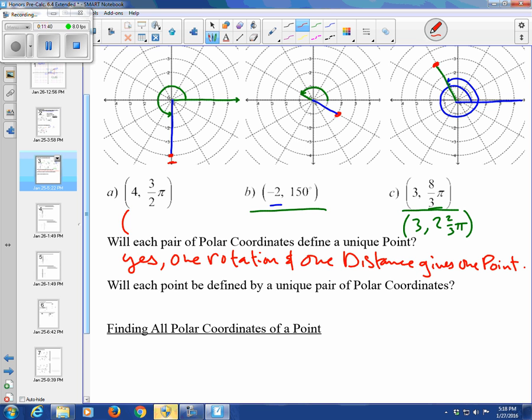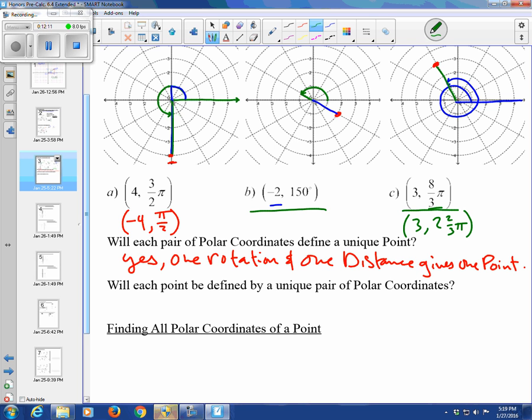So actually, if we have an R value of -4 and a rotation that takes us in the opposite direction, let's say pi over 2, if we plot that pair of polar coordinates, we would rotate to pi over 2. And from that rotation, we would then travel in the opposite direction 4 units, and that would take us down 4 on the negative y-axis, to that same point.